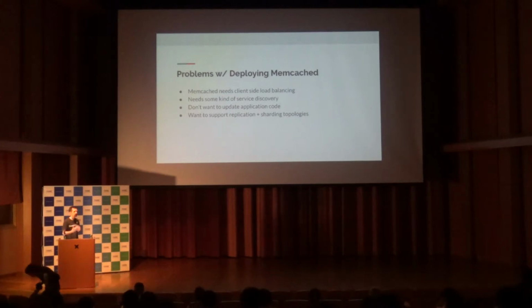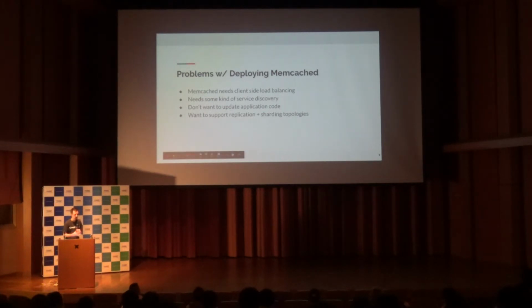Ideally we don't want to have to update our application code to add in all of this logic to do service discovery and whatnot, and then depend on talking to the Kubernetes API in order to get back the list of servers. We want to be able to just connect to ideally a single IP address and port in order to talk to our cache.